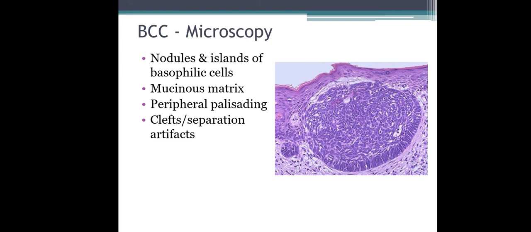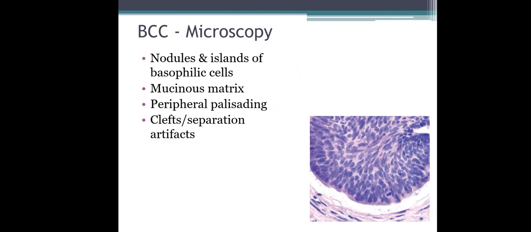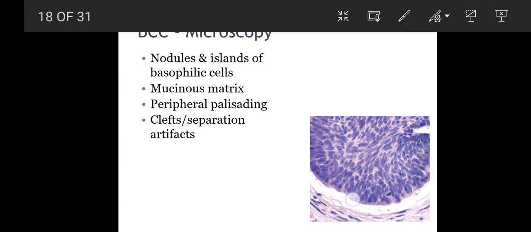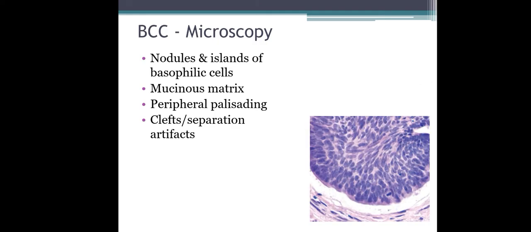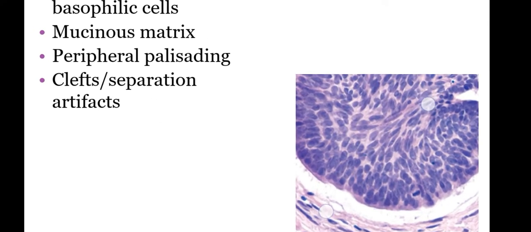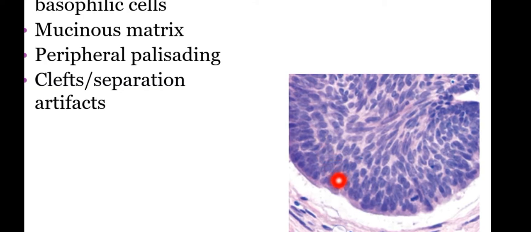Now, another important point to note is a cleft. What is a cleft or separation artifact? This nest of malignant cells is separated from the surrounding dermis by a space. You can see a clear space here. That clear area is the cleft.